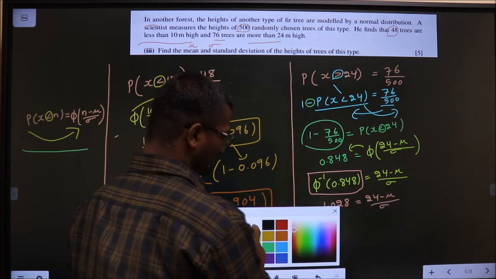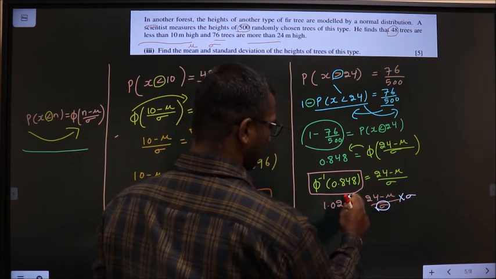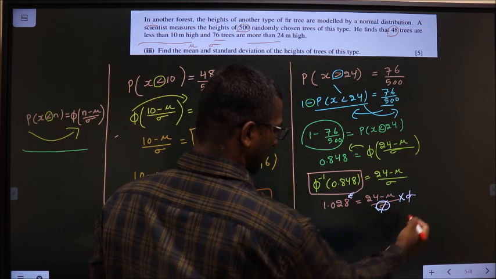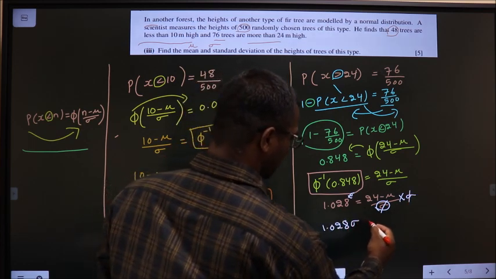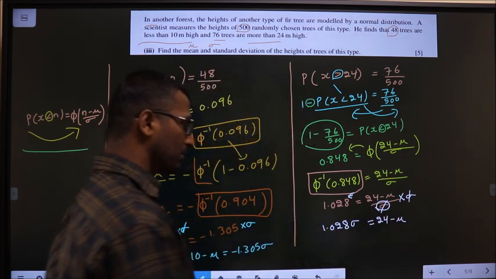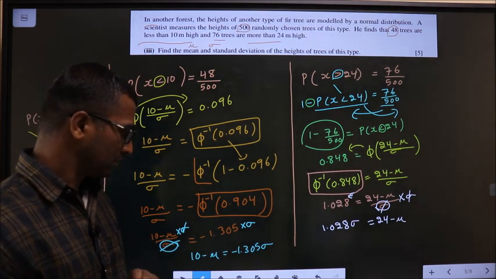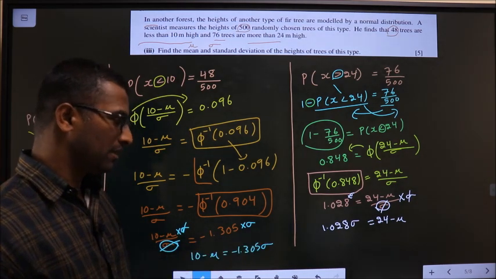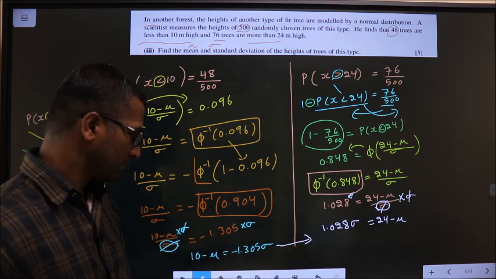Now to get rid of standard deviation, multiply by standard deviation on both sides. This gets cancelled, you get 1.028 standard deviation equal to 24 minus mean. So this also cannot be simplified further, so we stop. Now we got two equations. So I will write this below this one.